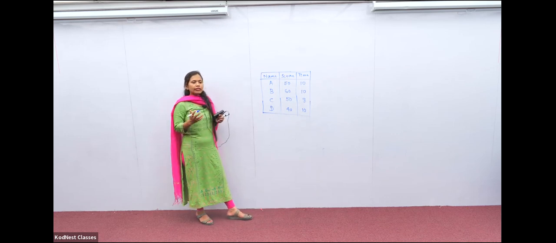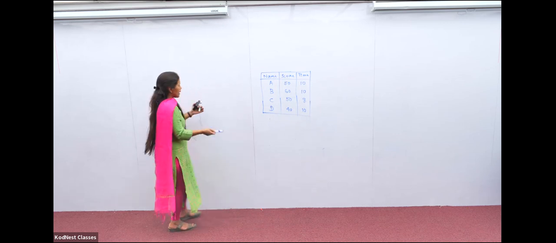Okay. I will say it like this: display the score and time taken by the players, and sort the score in descending order, highest score followed by lowest score. Then you will write a query like this.